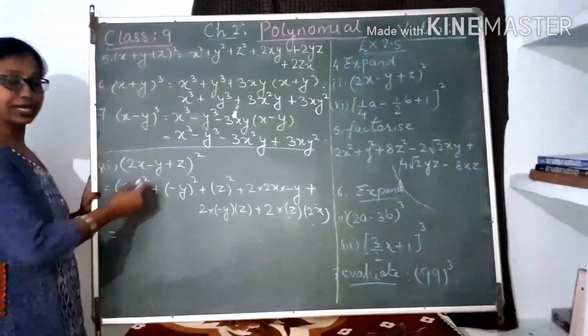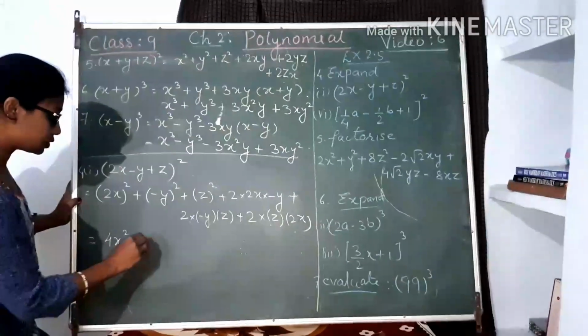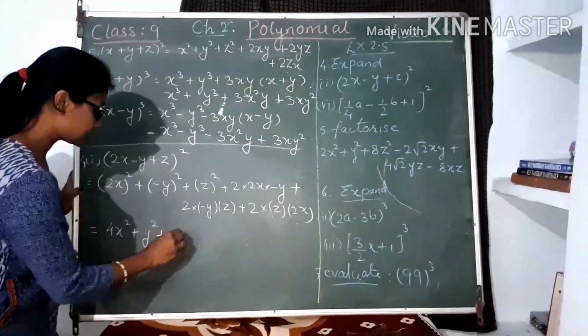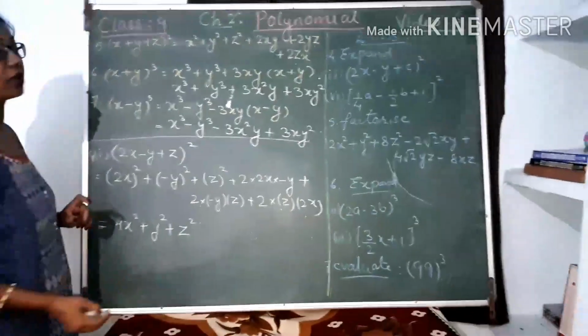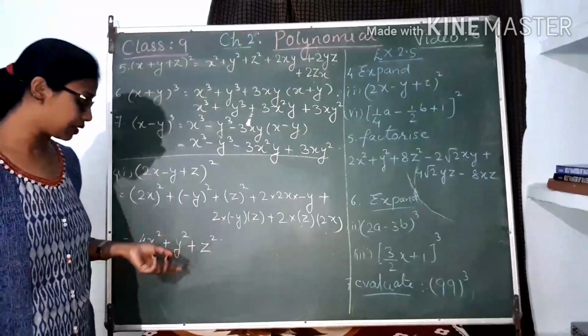Now 2x whole square always gives you 4x square plus negative y whole square, always positive, y square plus z square. Remember, the first three terms will always be positive because a negative square is always positive.